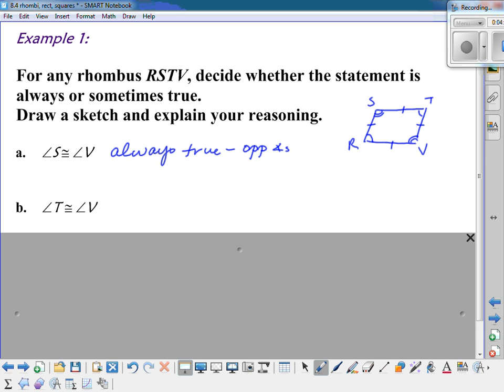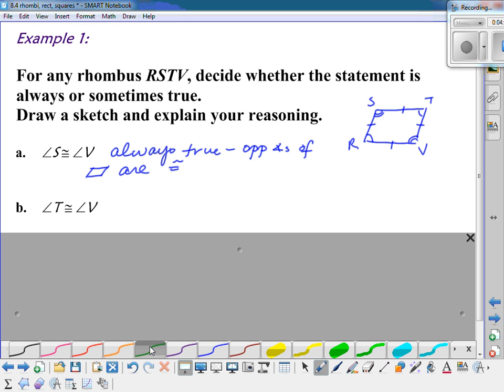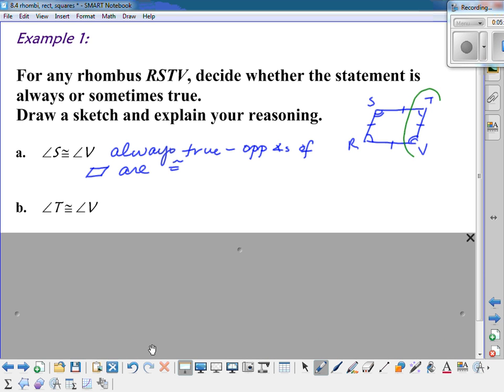So that's always true. Opposite angles of a parallelogram are congruent. Then if we look at angle T and angle V, we can see that these are consecutive interior. So if the rhombus does not have right angles, then those two are not going to be congruent.